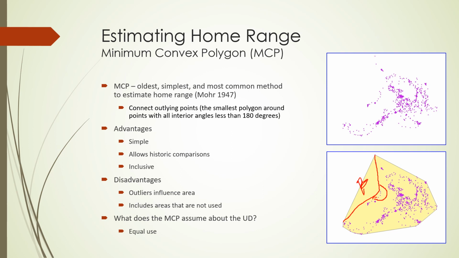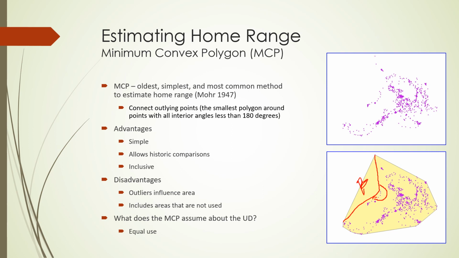So that's a no-no. You can't do that for the MCP method. What that does is it means that you're going to include some areas that are not used, but that's kind of the penalty for having a standardized definition that is consistent.